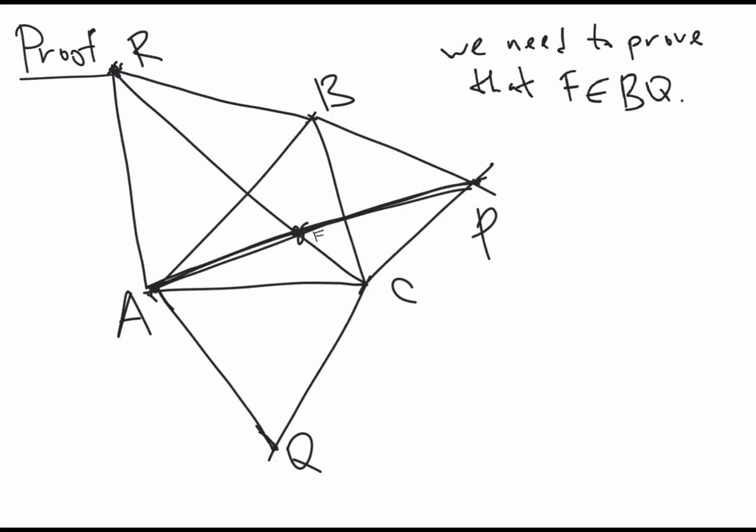If we prove that, then this would mean that all three lines intersect at a single point, right? So okay, observe now that since these are equilateral triangles, all angles are equal to 60 degrees, right?